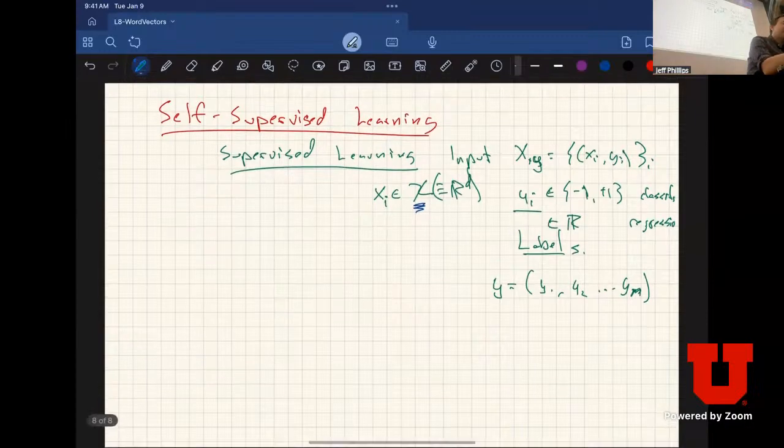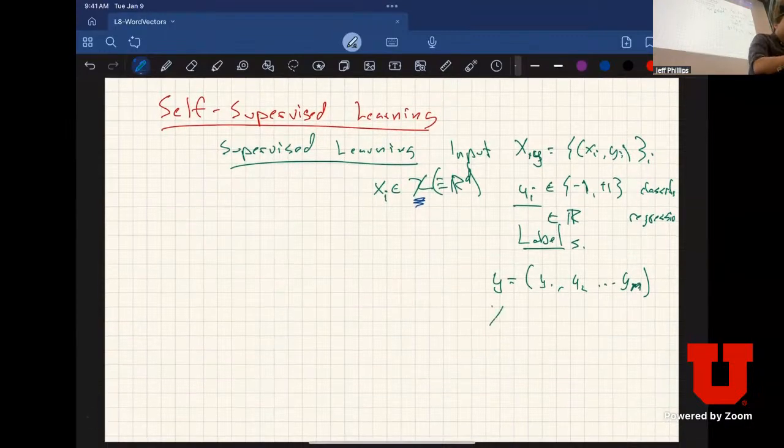And this X is going to be a matrix, X equals x1, x2, up to xn, an n by d matrix. And y is an n-dimensional vector.